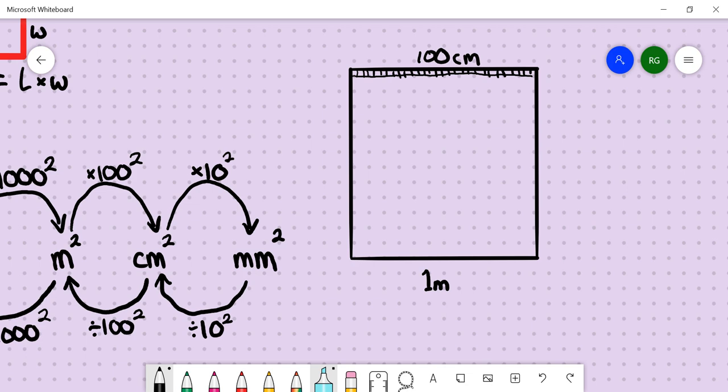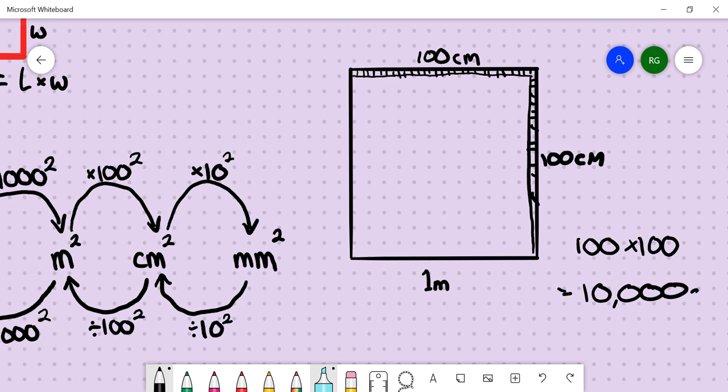Because it's a square, there's 100 centimetres down this side. Like so, 100 down there. Now what we actually have is 100 lots of 100 square centimetres. So 100 times 100 is 10,000 centimetres squared, which is, as we wrote up here, 100 squared.